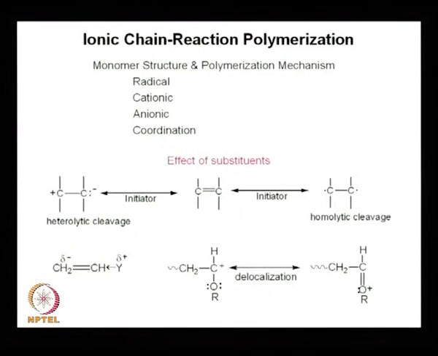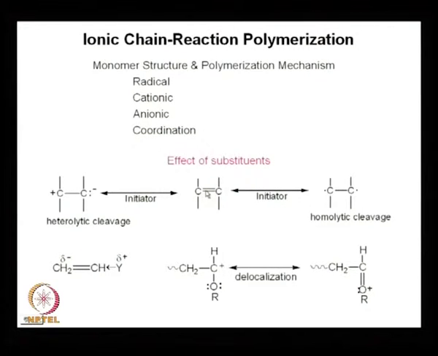You have seen it needs polarization of the olefinic double bond. This is the olefinic monomer. Now, it can have substituents on these two carbons, two substituents here, two substituents here. The presence of substituents influences the pi electron cloud here. That means either that can help to break this pi bond homolytically, or that can polarize it.